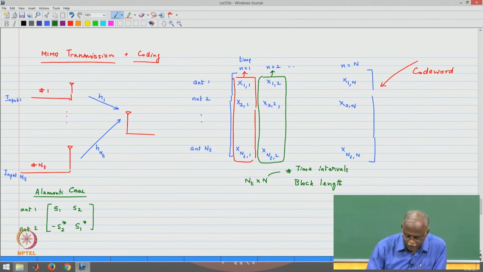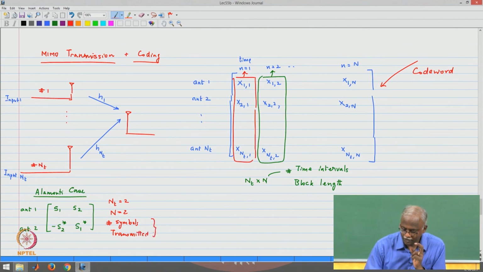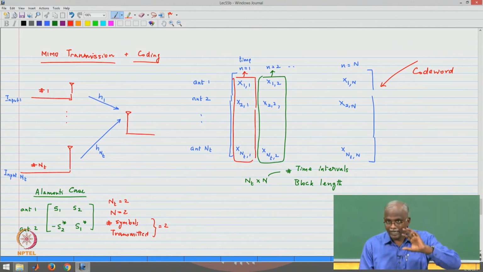So, if we were to describe this, the Alamouti case is a case where we have NT equal to 2, and in 2 time instances, n equal to 2, the number of symbols transmitted is equal to 2. So, 2 transmit antennas, 2 time instances, 2 distinct symbols that are transmitted.